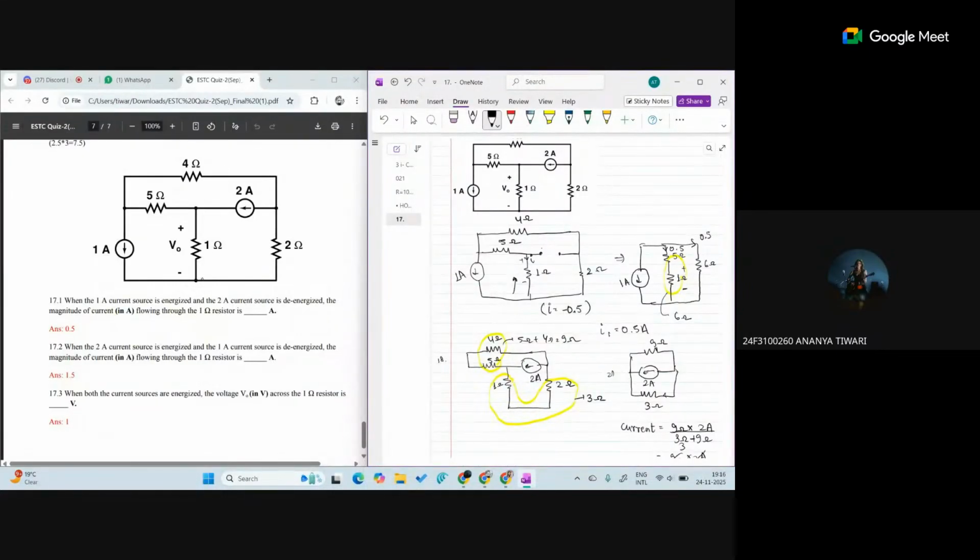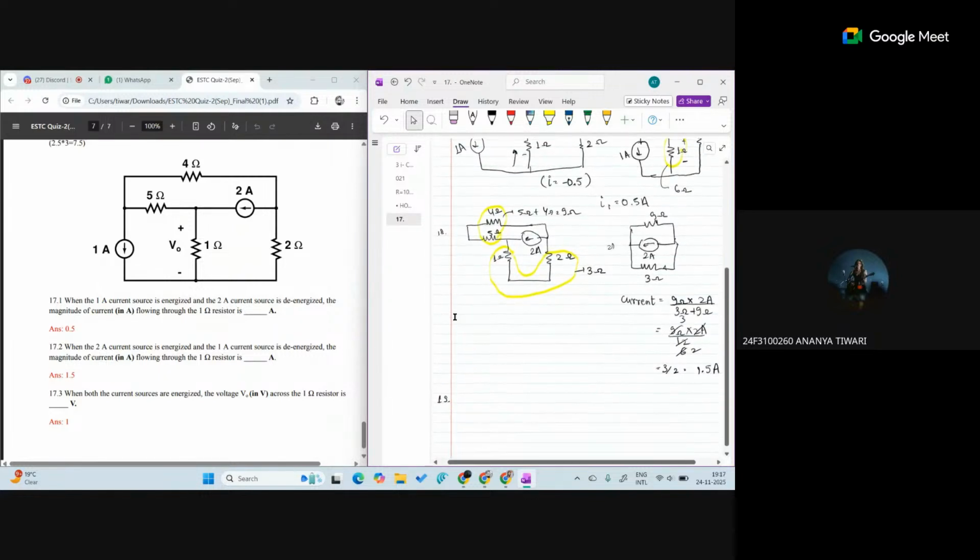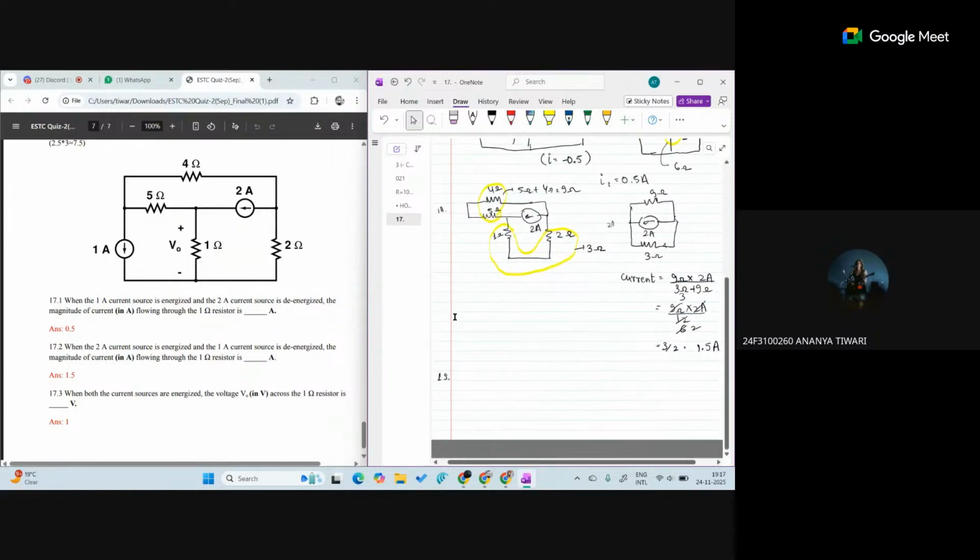There was no direction given earlier, that's why it was 0.5. But for this last question, we are taking this I going from here to here, so this is minus 0.5. And if this is not clear, I can do it by a different method. For this question, we took the direction as this, so here I would be positive 1.5.